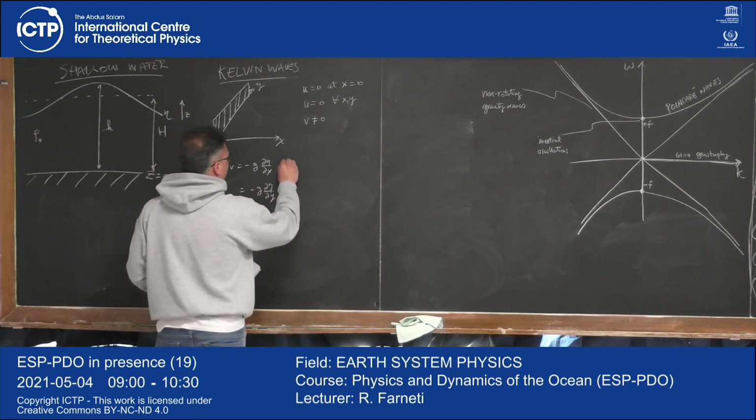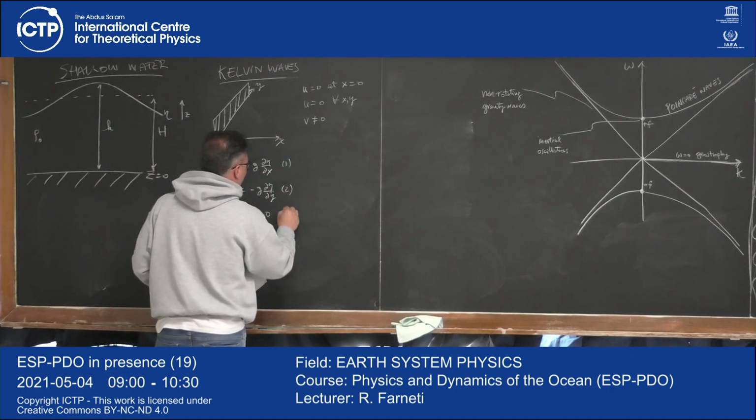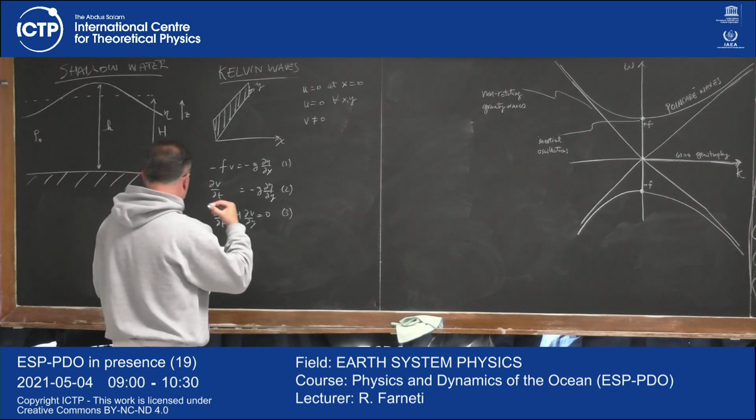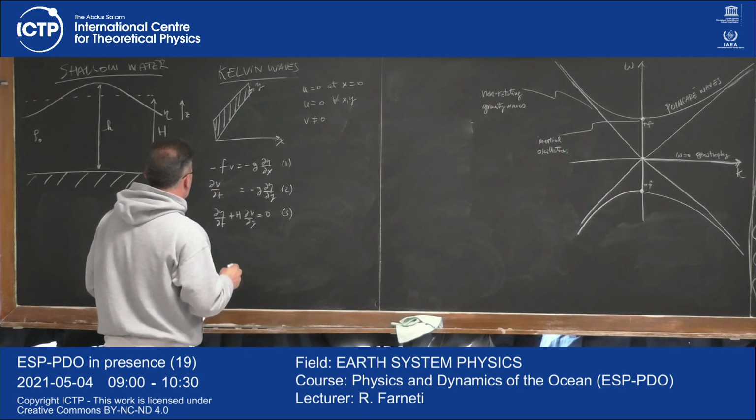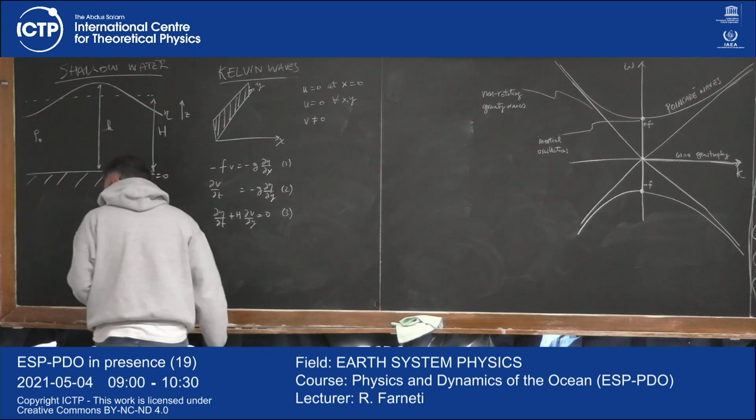So if this is 1, this is 2, and this is 3, I take d by dy of 3.